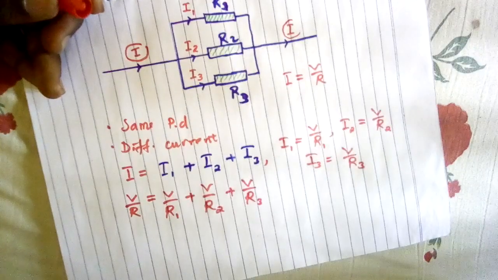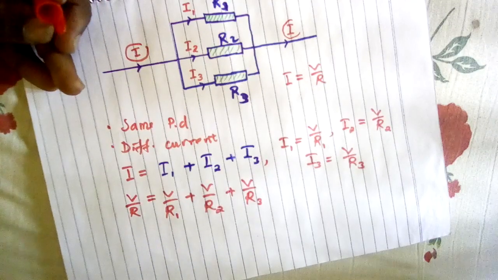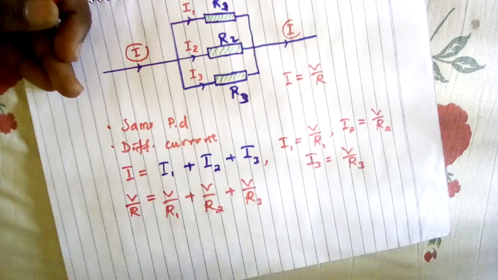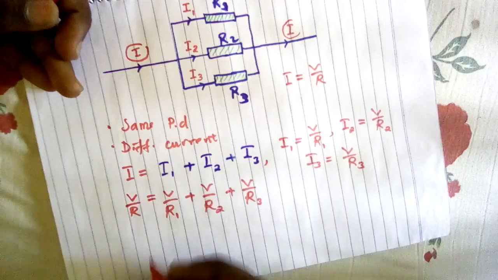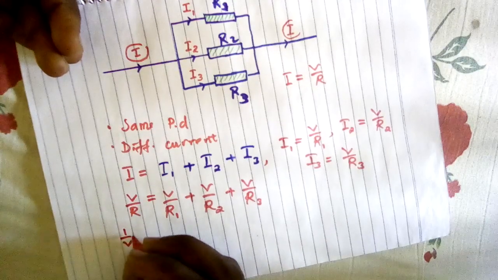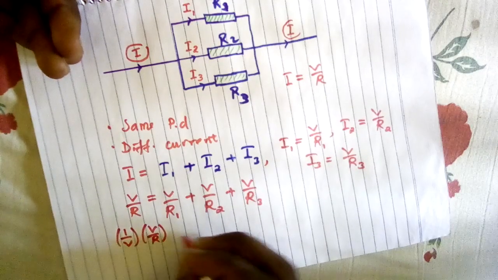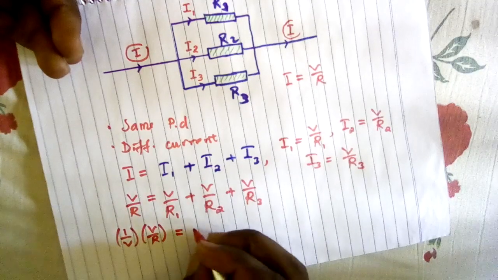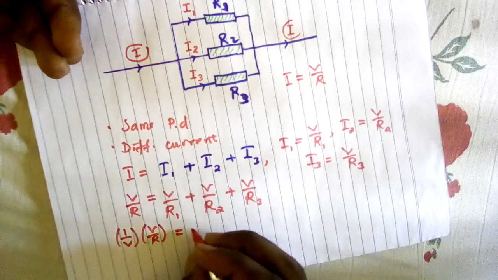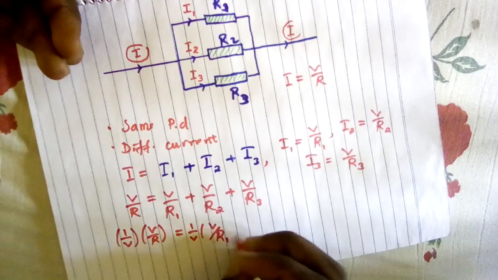You can see that V is the common variable. Now we can just take the reciprocal of V, and then we cancel out V straight away. Using your mathematics skills, we multiply 1 over V by each term.